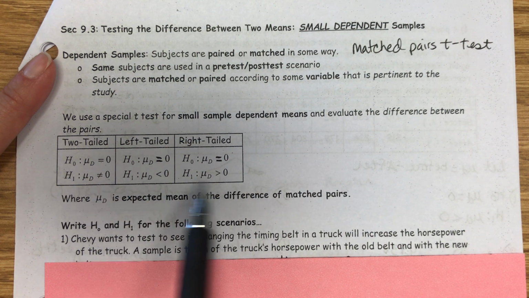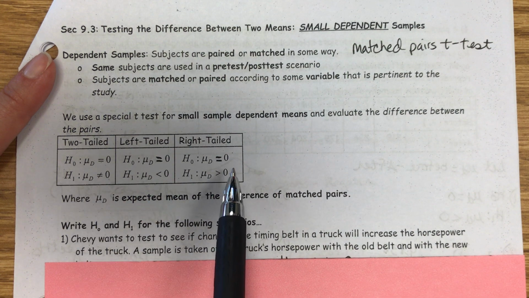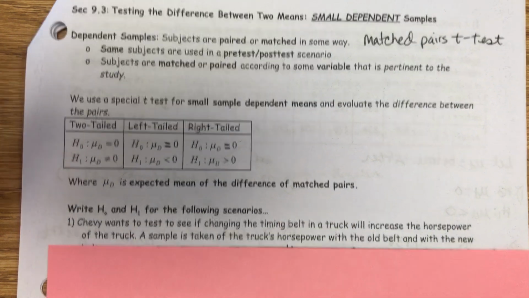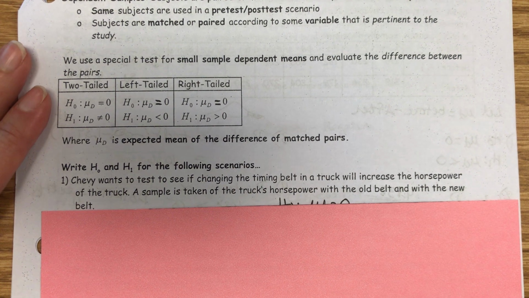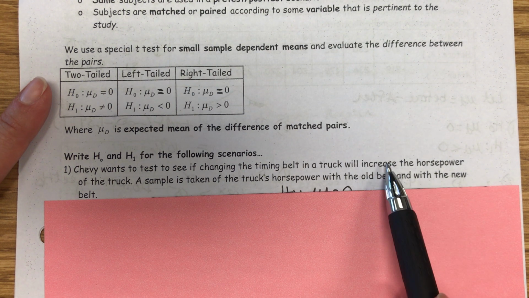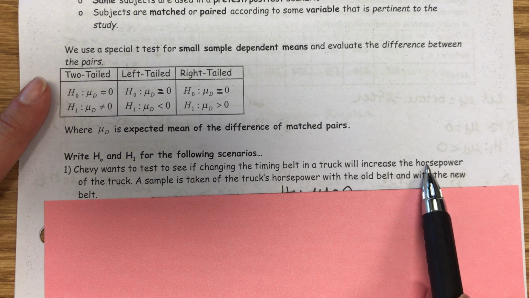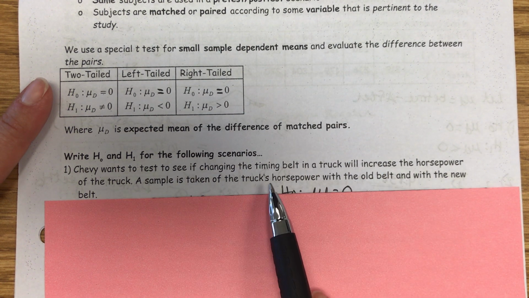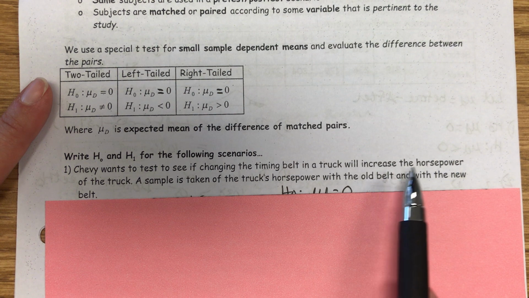Now I'm going to explain how we come up with these bits here, which one is which. What we want to first do is go through the scenarios before we do the full-fledged hypothesis test. So for number 1, Chevy wants to test whether changing the timing belt in a truck is going to increase your horsepower. A sample is taken of the truck's horsepower with the old belt and with the new belt.